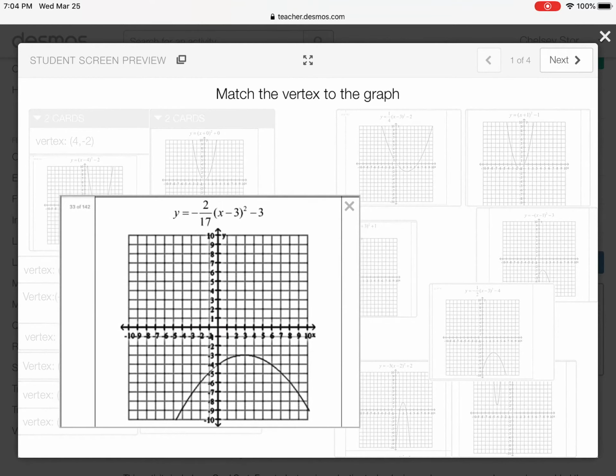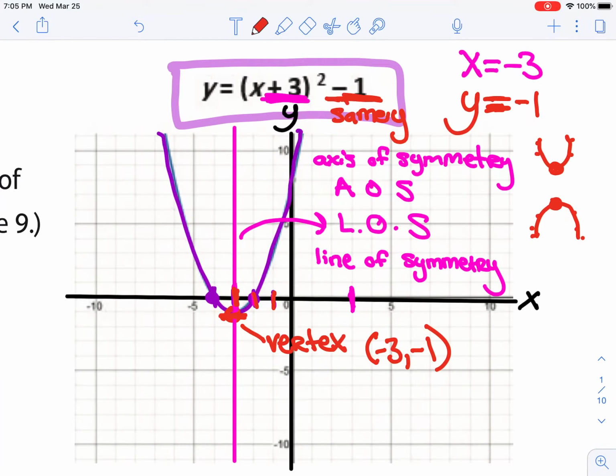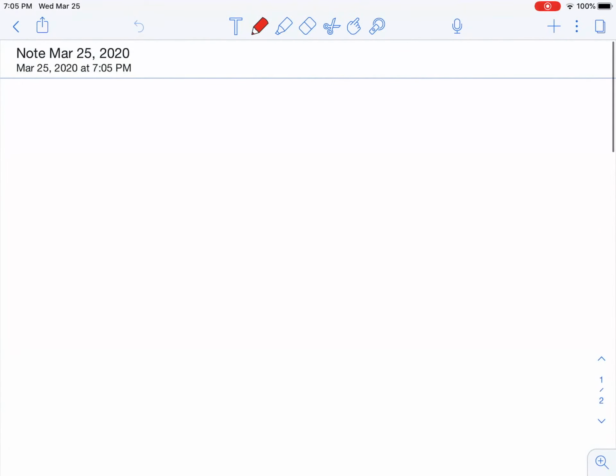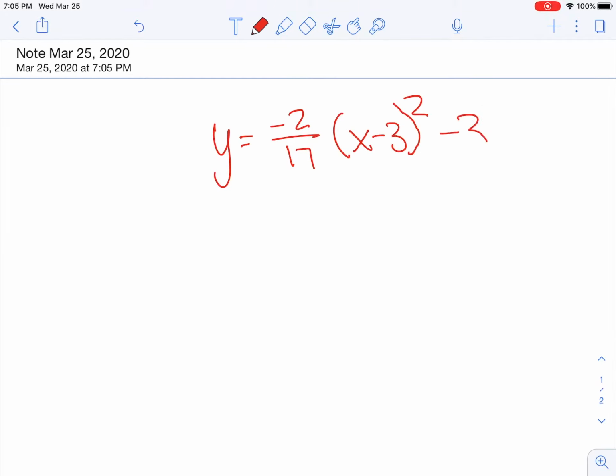So, I'm going to click on this, and I'm going to move back into my notes to talk about it a little bit. So, this graph is y equals -2/17 (x minus 3) squared minus 3.